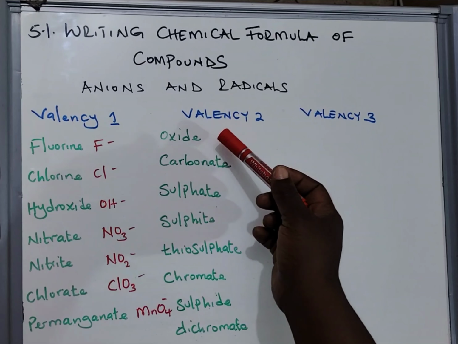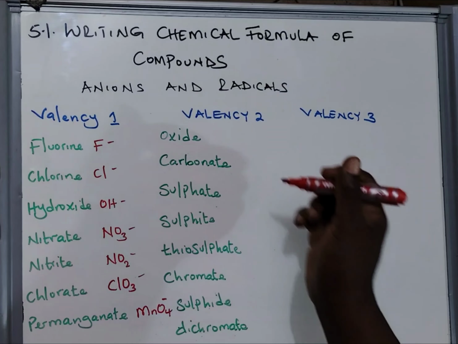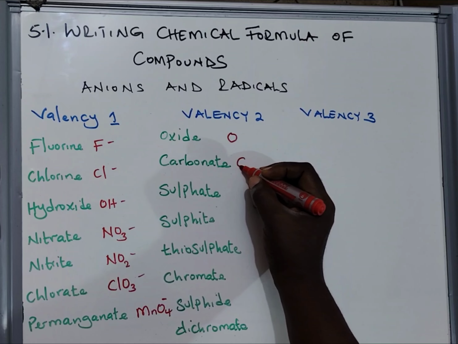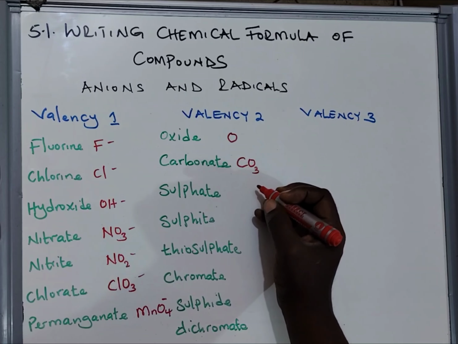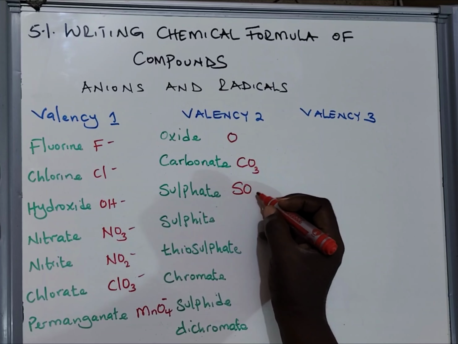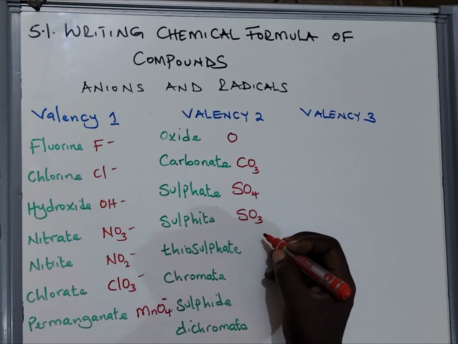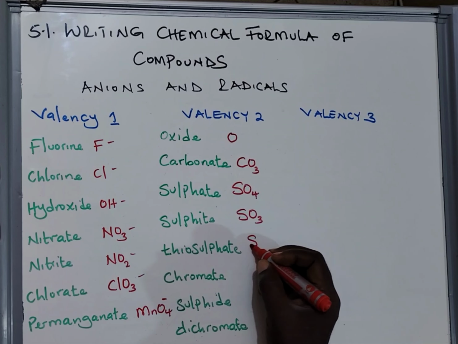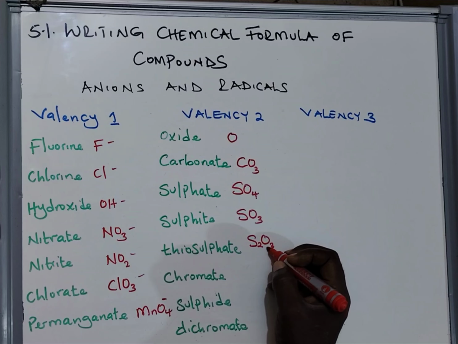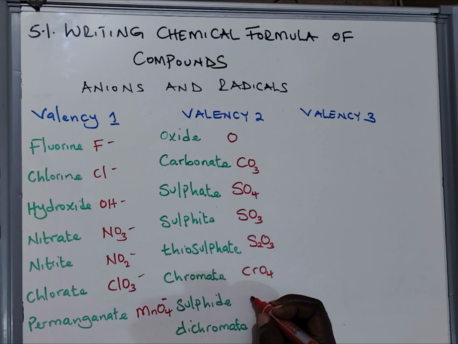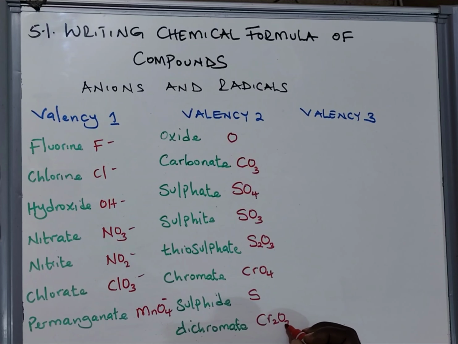So for those anions and radicals with valence 2, we have oxide, which is going to be O, carbonate, which is CO3, sulfate, which is SO4, sulfite, which is SO3, thiosulfate, which is S2O3, chromate, which is CrO4, sulfide, which is simply S, dichromate, which is Cr2O7.